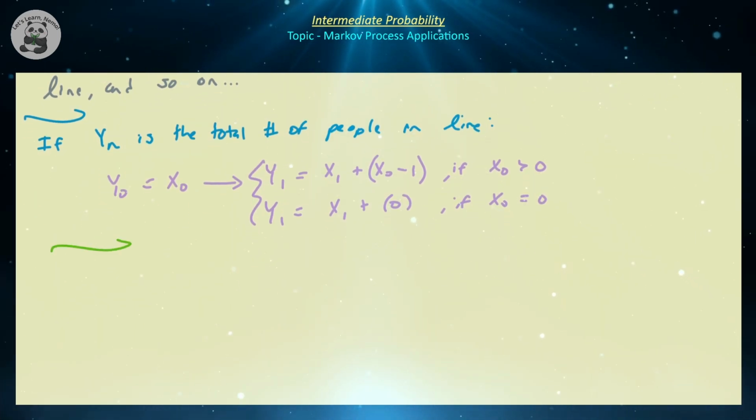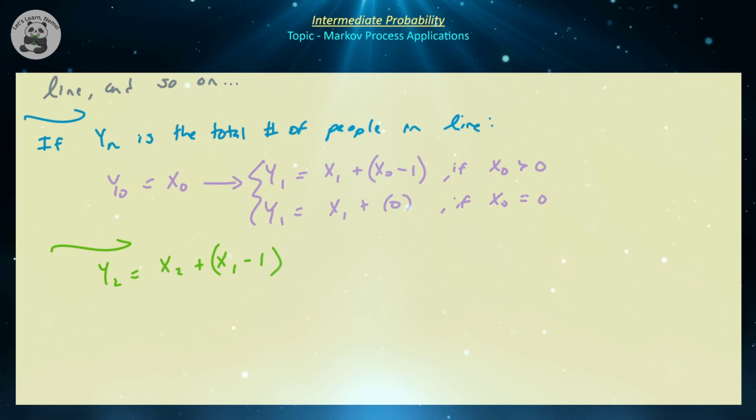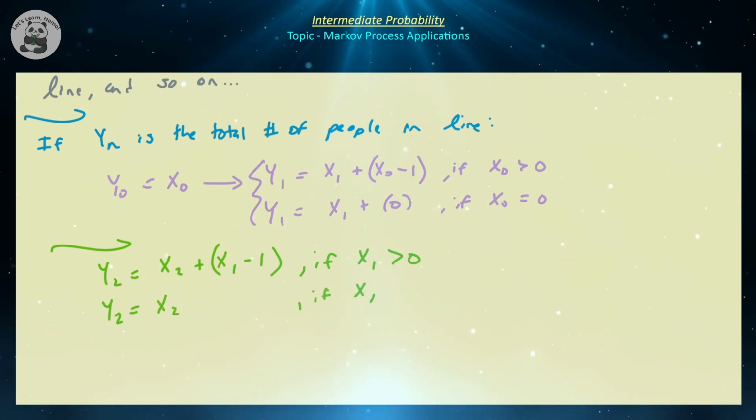So let's take a look at what y2 would be. So y2 would be equal to the number of people that arrive at time t is equal to 2, plus the number of people that were in line at time t is equal to 1, minus 1, because one person is going to be served. But this, of course, only makes sense if y1 is greater than 0, and y2 would just be equal to x2, provided that y1 was equal to 0 as well.